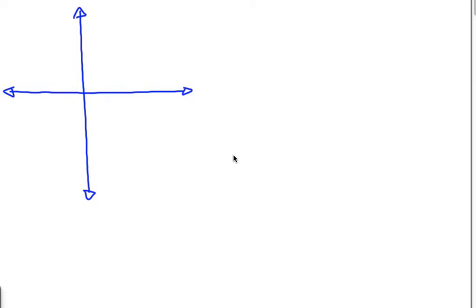So Aaron, give me a number between 0 and 360 that's not one of your compass points. Any angle between 0 and 360 that's not one of the compass points. 263. Okay, so 263 is going to be going about this direction.